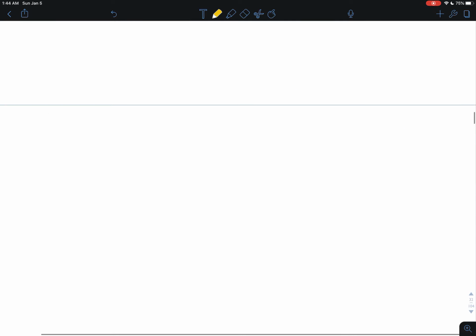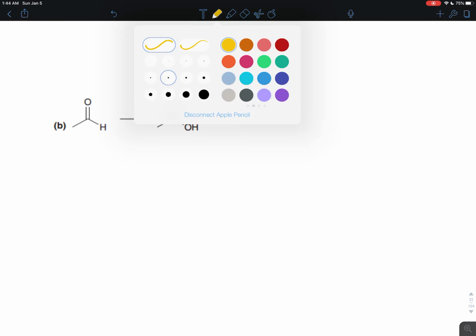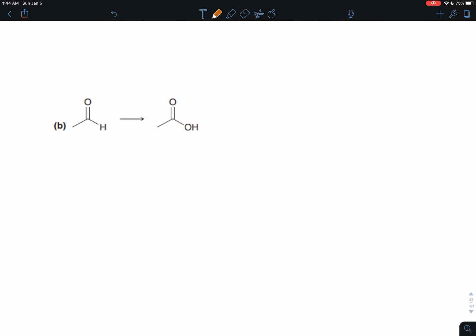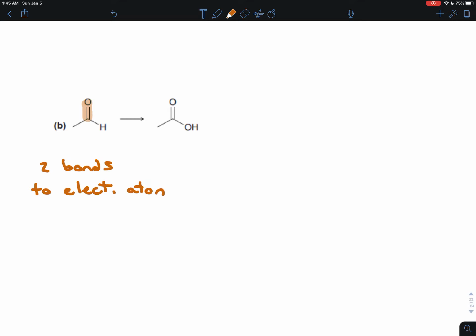Okay, so let's try to do that with a few more examples. So on the left here, let me just draw this in a darker color. We have 2 bonds to an electronegative element. Those are these 2 bonds here. That's on the left side of the arrow.